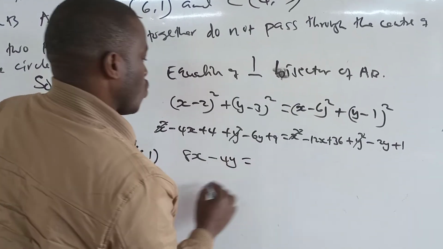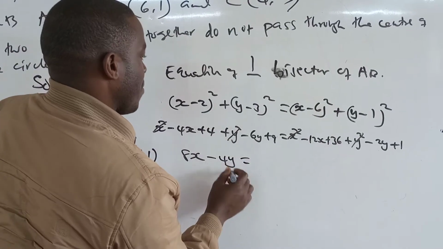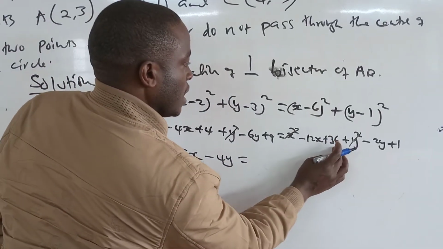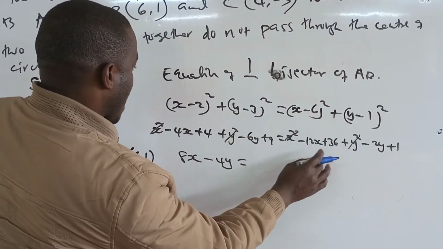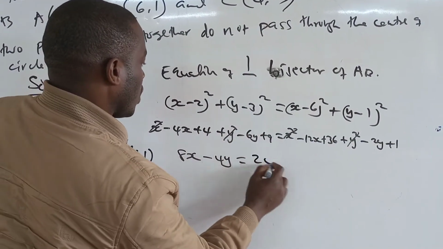This will be equal to, taking the numbers to the other side, 36 plus 1 is 37, minus 9 and minus 4, you get 24.